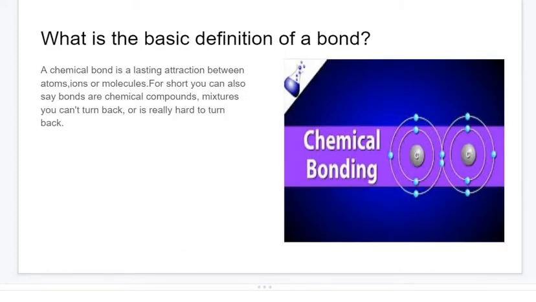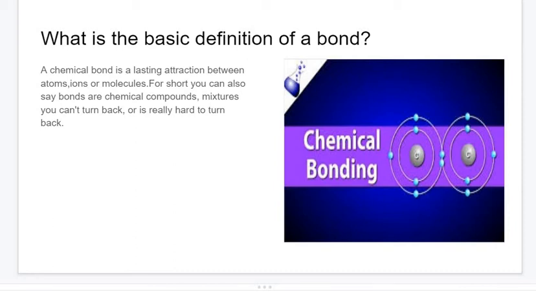So now, what is the basic definition of a bond? Like, what is this all about? Where does this start from? A chemical bond is a lasting attraction between atoms, ions, or molecules. For short, you can also say bonds are chemical compounds, mixtures that you can't turn back, or it is really hard to turn back.